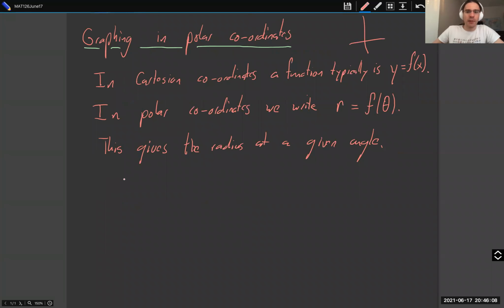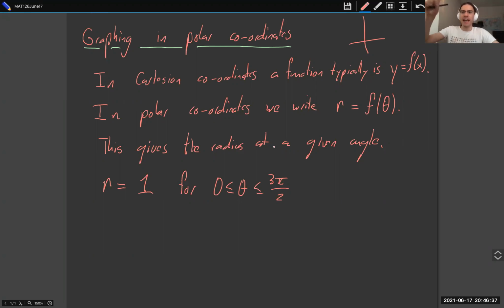So I'll give an example. Let's consider the equation r equals 1. And then typically, we would restrict it to some range of values for theta. Let's say for theta ranging from 0 to 3 pi over 2, which is going to be negative 90 degrees.